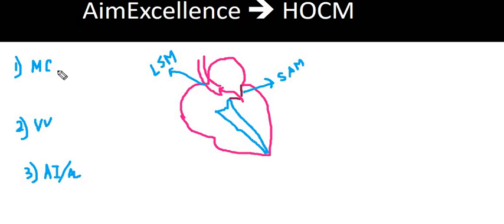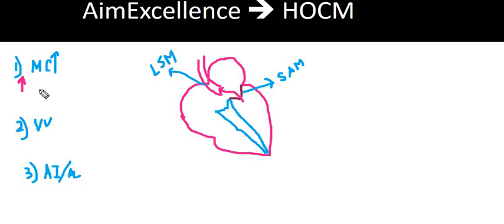If the myocardial contractility increases, obviously that is going to increase the obstruction, so that is going to increase the intensity of the murmur.